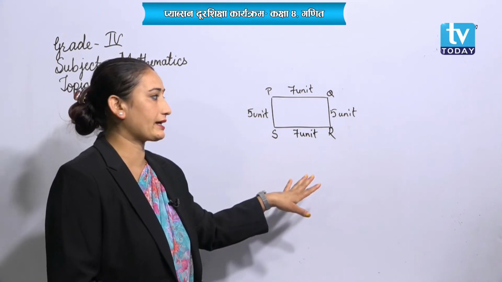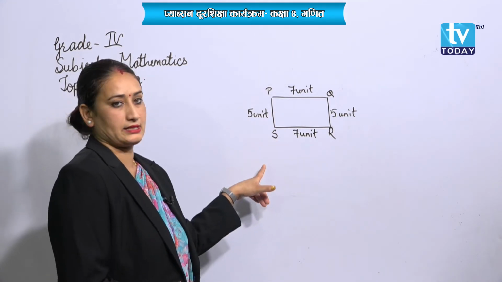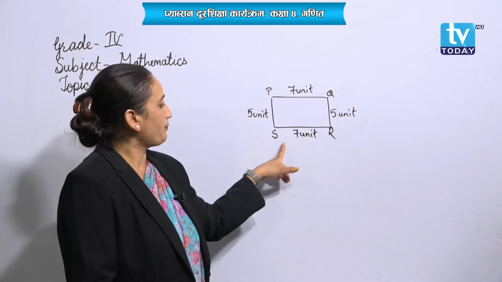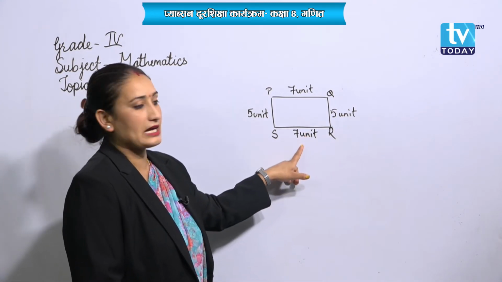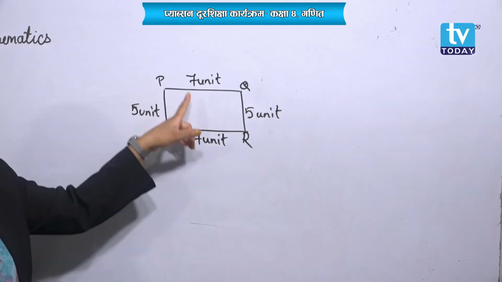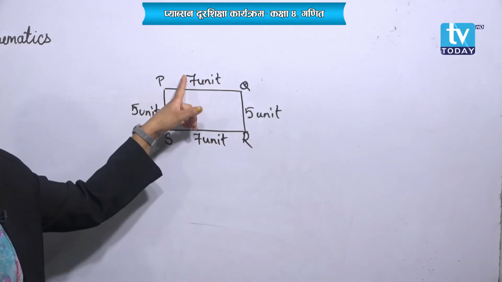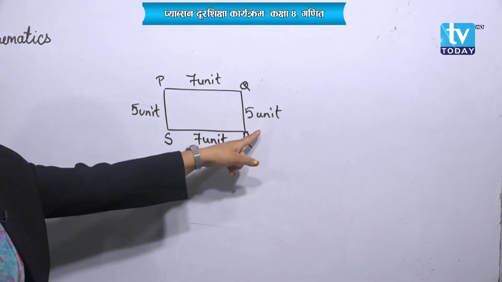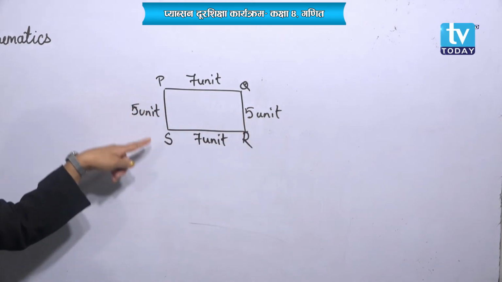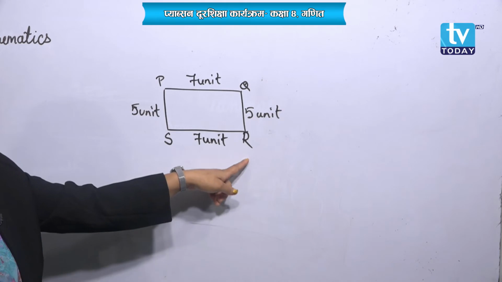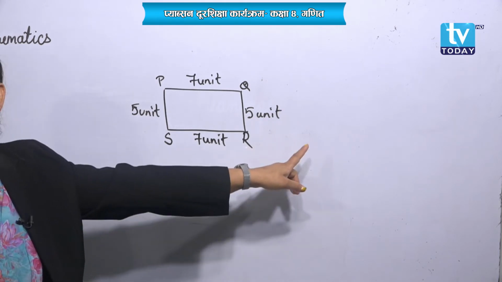It's a rectangle, PQRS. Now, SR, you can see at the bottom, SR is 7 units, or you can say PQ equals SR equals 7 units, and PS or QR equals 5 units.